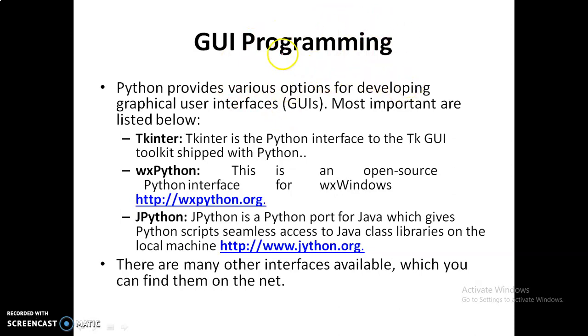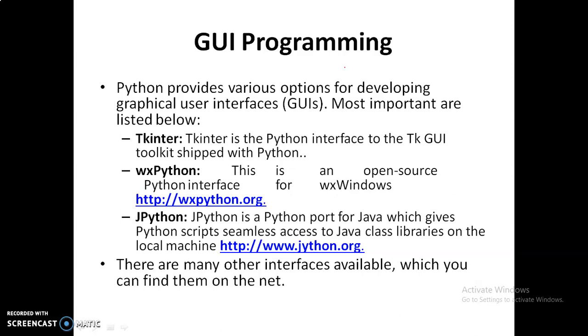These GUI interfaces are very helpful for the user. Whenever the user doesn't know any specific programming or commands, these GUI interfaces are helpful, and without typing everything, they can select the required options from the GUI interface.